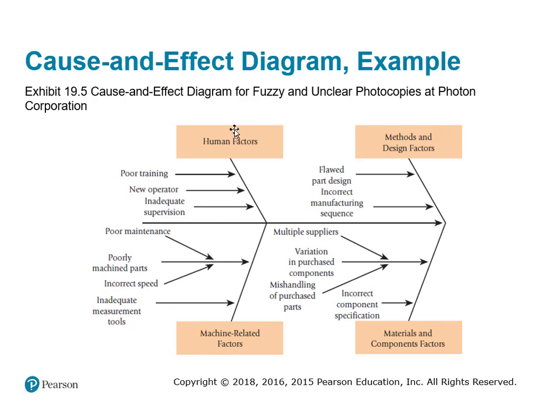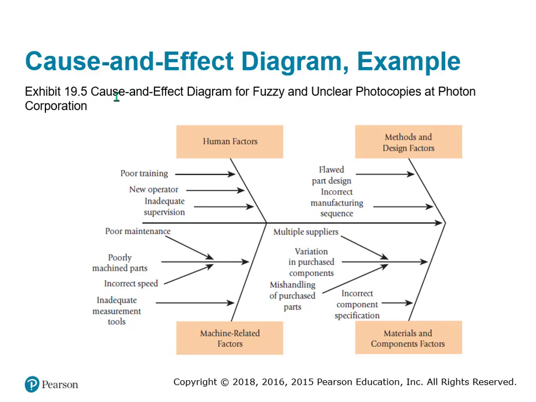So here are our categories: human, methods and design, machine-related, and materials. Under human, the factors would include poor training, a new operator, inadequate supervision. Methods and design factors: flawed design, incorrect manufacturing sequence.